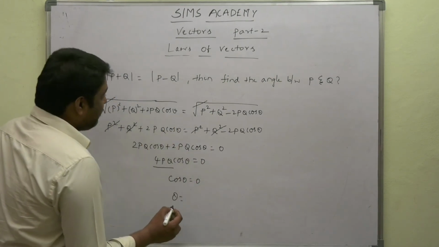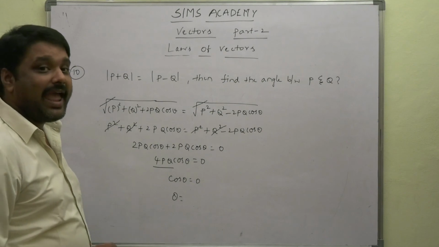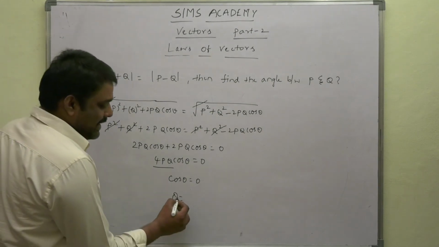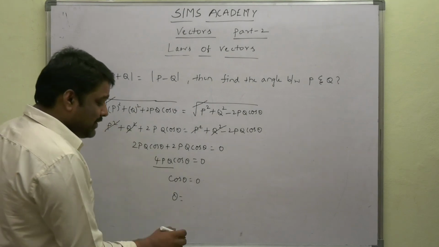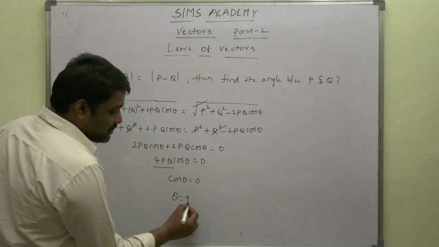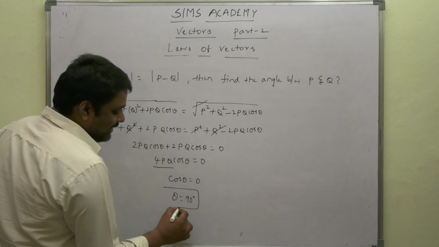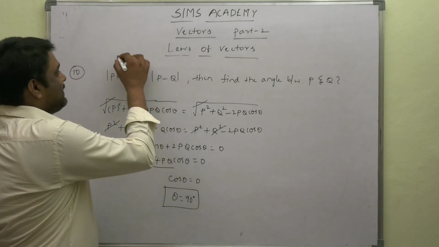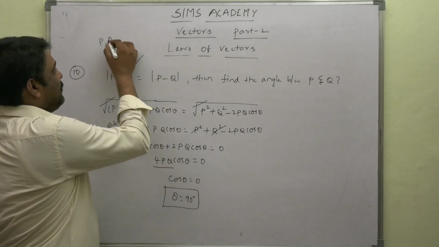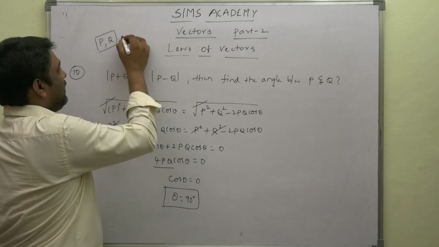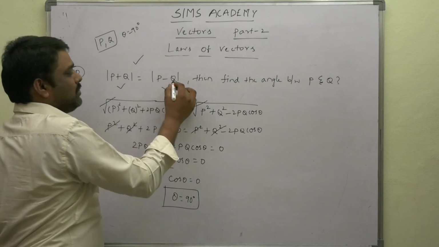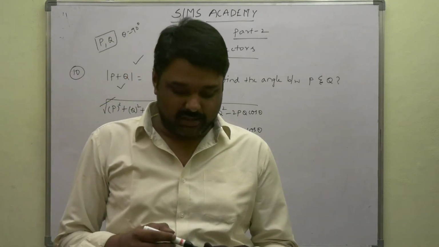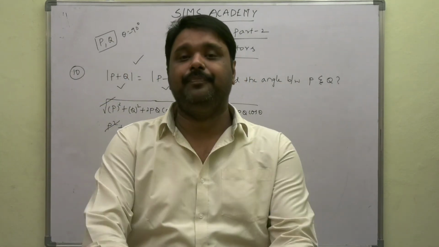Then the angle between P and Q, cos theta 0 in the sense theta should be equal to 90 degrees. If P, Q are separated by an angle of 90 degrees, then P plus Q is equal to P minus Q. This is the problem.